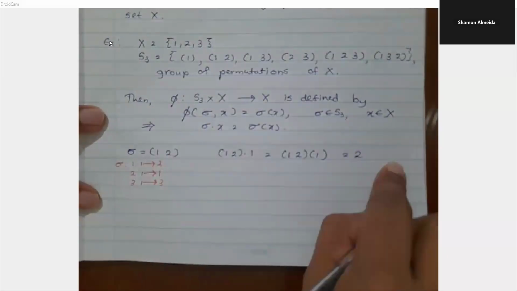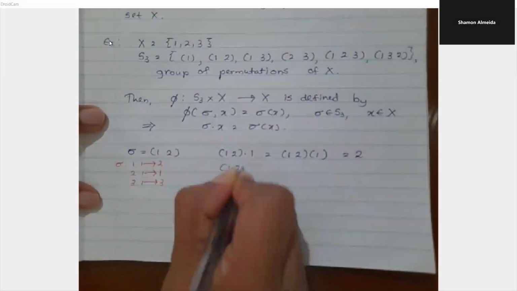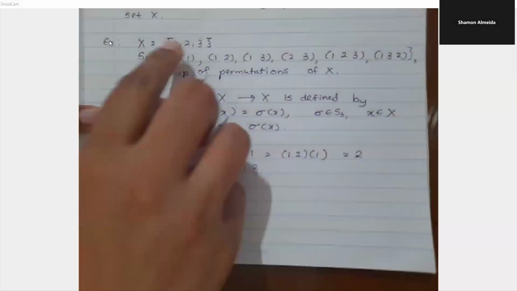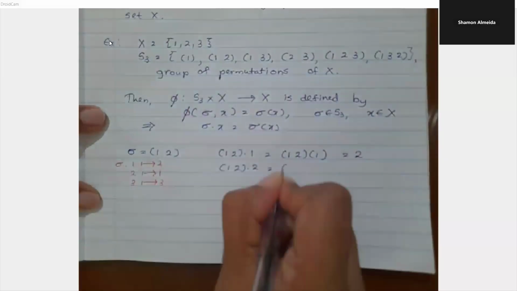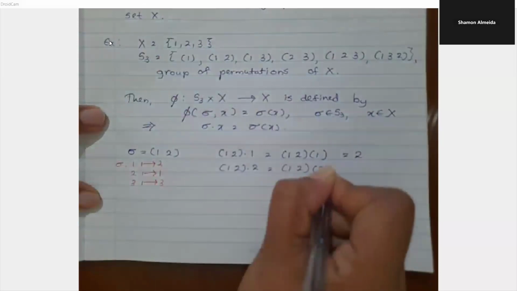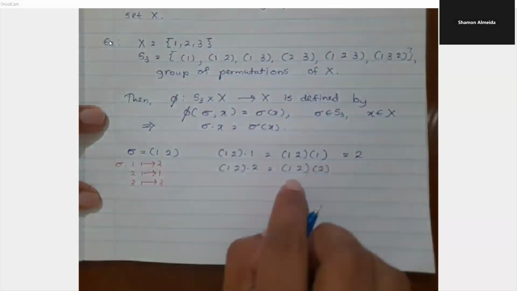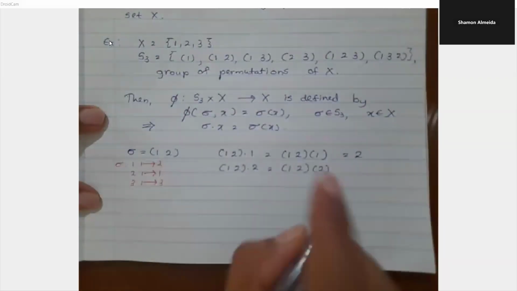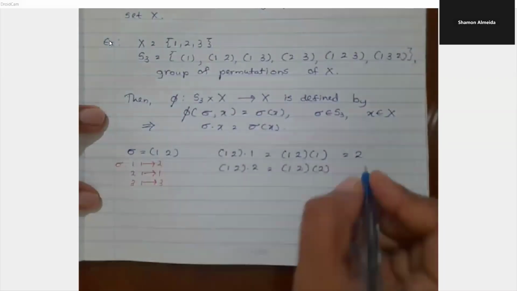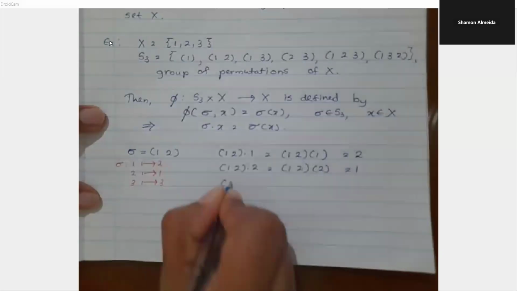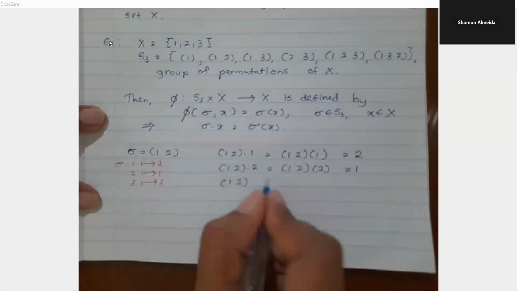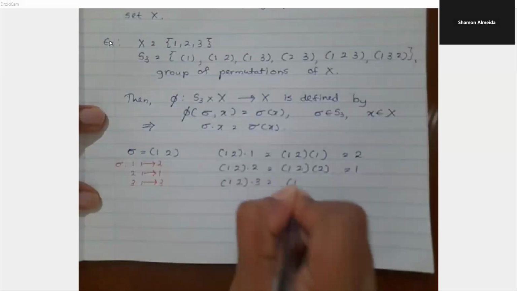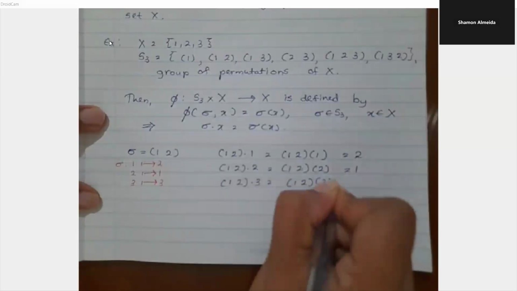Another element in X. Let's calculate (1 2) dot 2. That is (1 2) of 2, or the function value at 2, sigma of 2. 2 is sent to 1. This is equal to 1. And the last X value, which is 3, what does this equal?